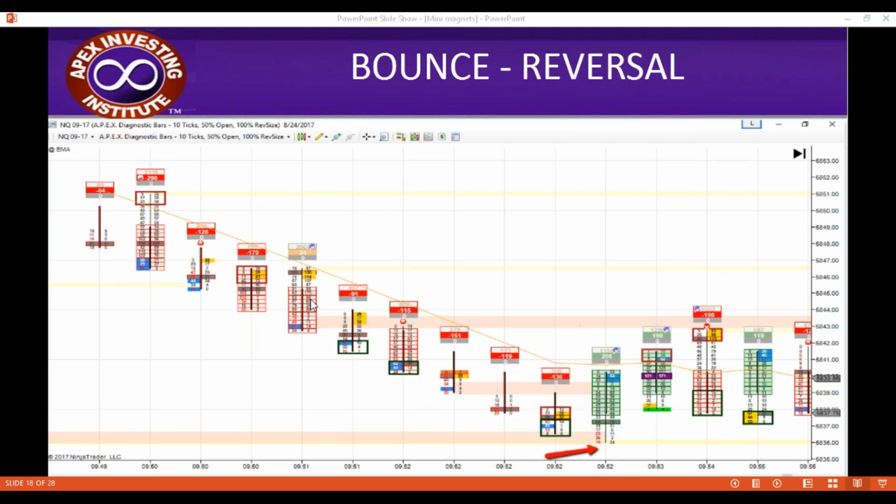Because there's nothing else here blocking it. That's a magnet, it's pulling the market to it. And literally when it gets to it, right to the tick, you see that? The market starts to bounce, starts to tweeter here. So if I pull my stop way down low here and tighten up real close, as opposed to letting the market go up against me 10 or 12 ticks, and then another 3 or 4 ticks, I'm going to hang on to an extra 10 or 15 ticks in that situation, right, Johnny? Like you're saying, grab those extra ticks. So start keeping an eye out for that kind of stuff, okay?